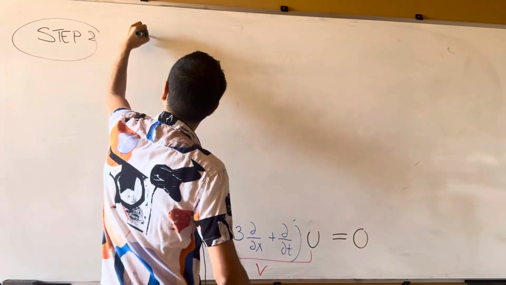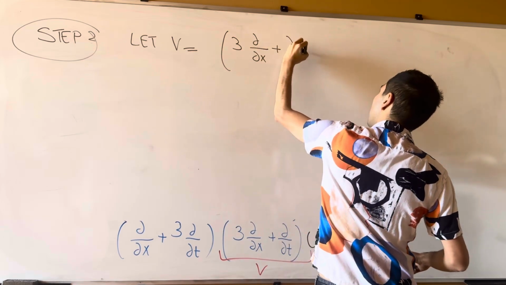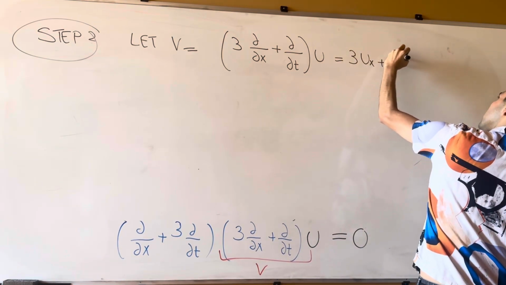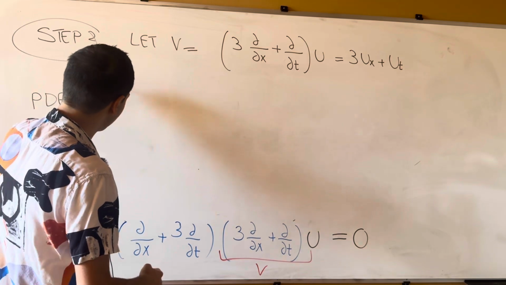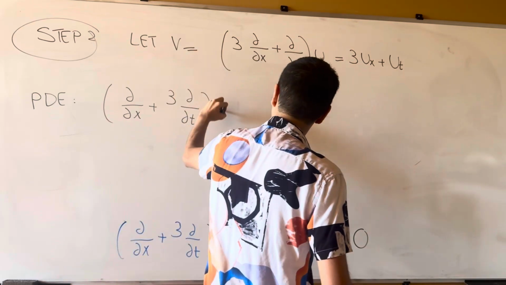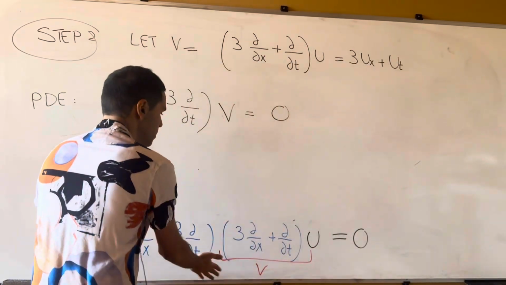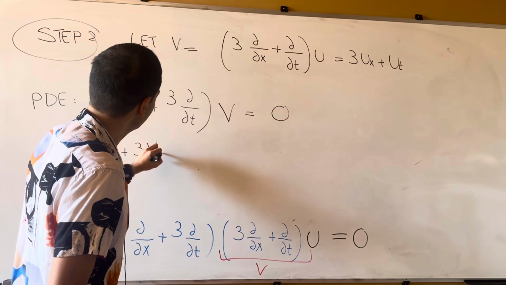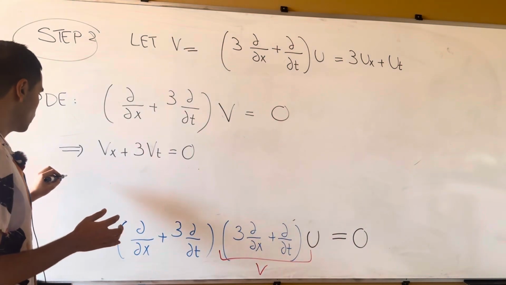If you let v be 3∂/∂x + ∂/∂t of u, so in other words, 3u_x + u_t, then our PDE simply becomes (∂/∂x + 3∂/∂t) v = 0, because again, this applied to v equals 0, and so we get v_x + 3v_t = 0, which you can either solve directly or recognize this as a transport equation.